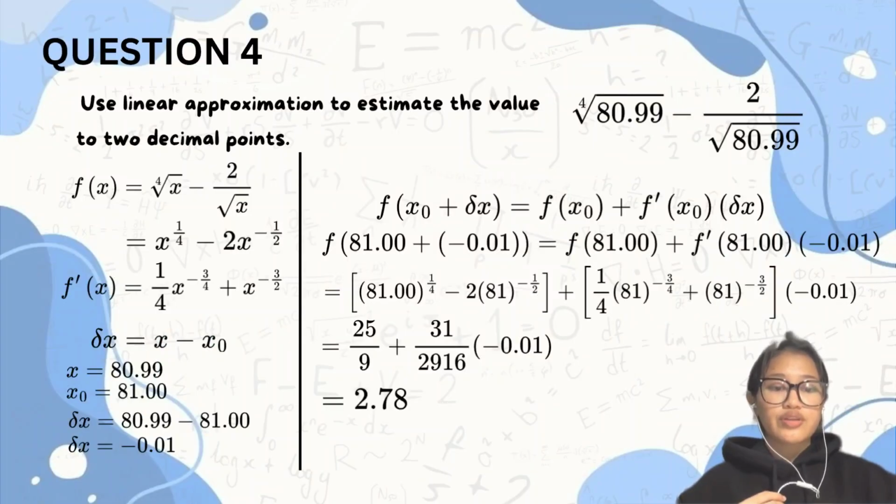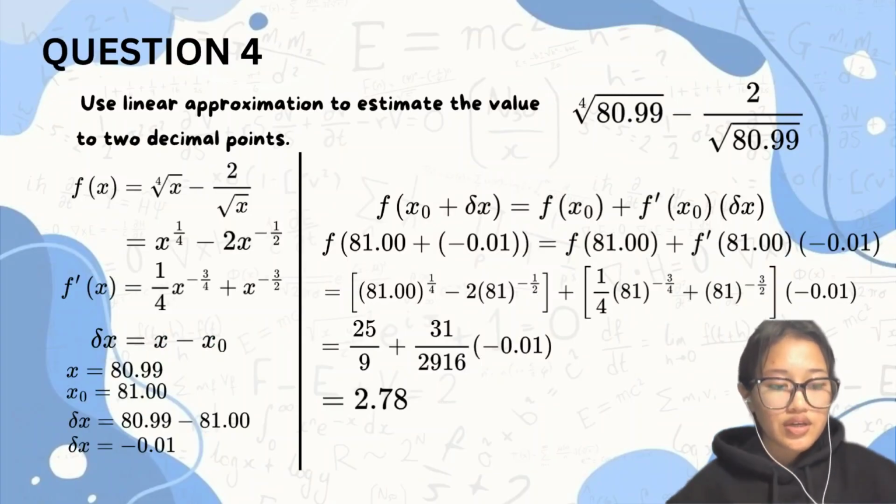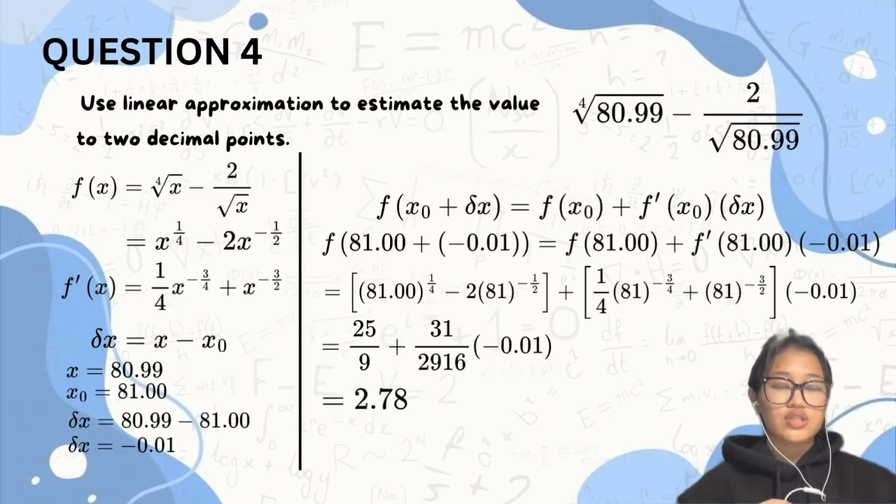Third, we need to find the value of dx by subtracting x0 from x. x is the value given, which is 80.99, meanwhile x0 is the value that is closest to the given value, and it is an integer chosen by us, which is 81.00.